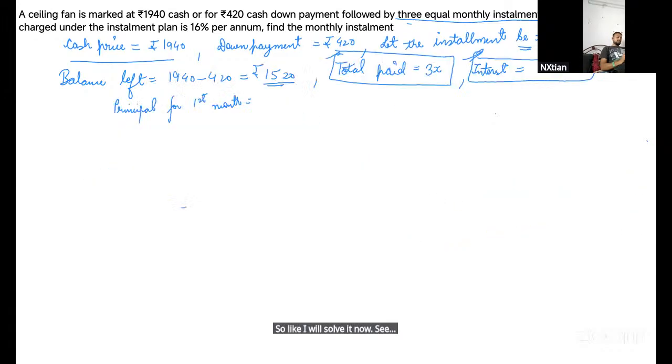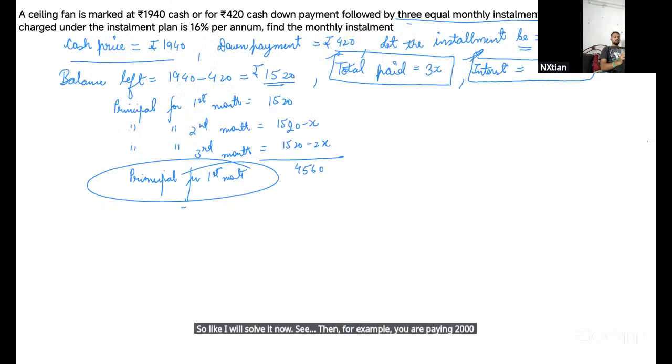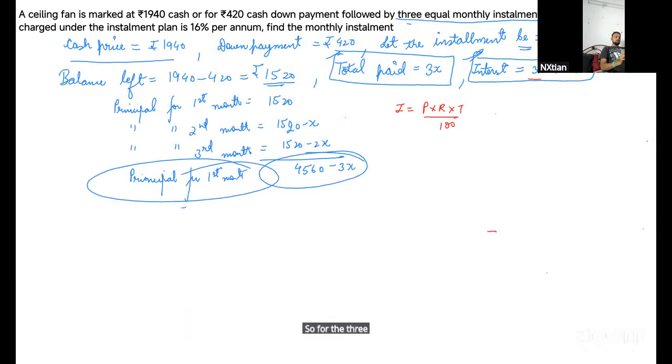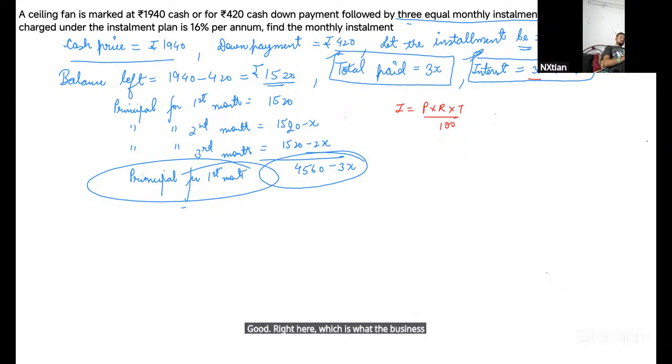See, for example, you are paying 2,000 rupees per month. For 3 months, how much amount will you pay? Every month you're paying 2,000.